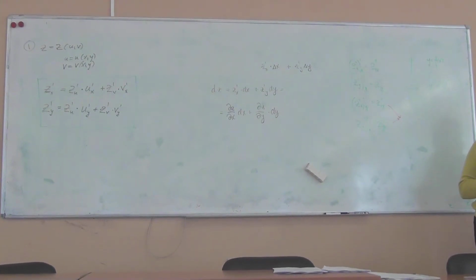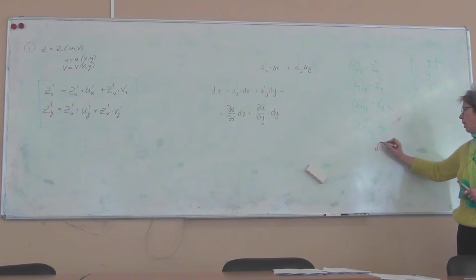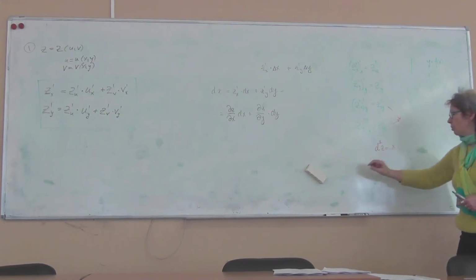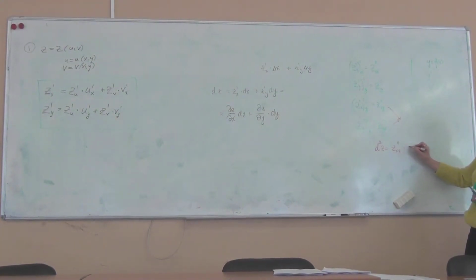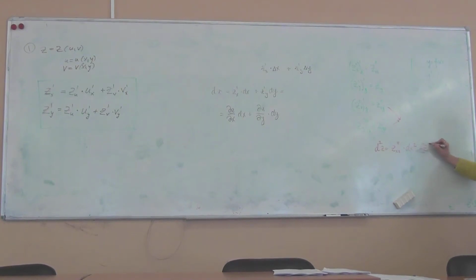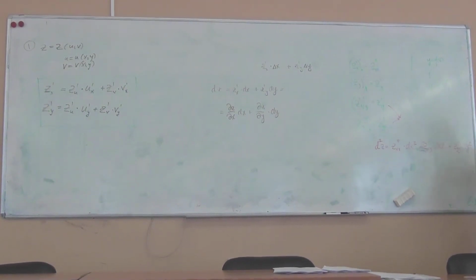We are not going to investigate any applications, but generally d2 of z will look like the second partial derivative by x multiplied by dx squared plus 2 times the mixed partial derivatives times dx dy plus the second order partial derivative by y multiplied by dy squared.